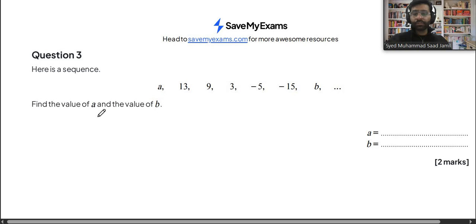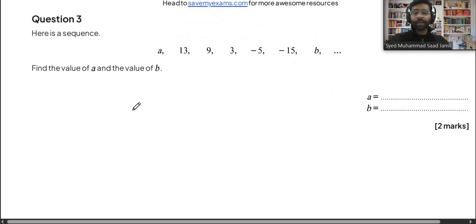Right. Alright. Okay. The next question says find the value of a and the value of b. Now we don't know the value of a, but if we look at the question, what's the difference? The difference is 13. This is basically 9 minus 13. 9 minus 13 is actually how much? Negative 4. Again we have 3 minus 9.